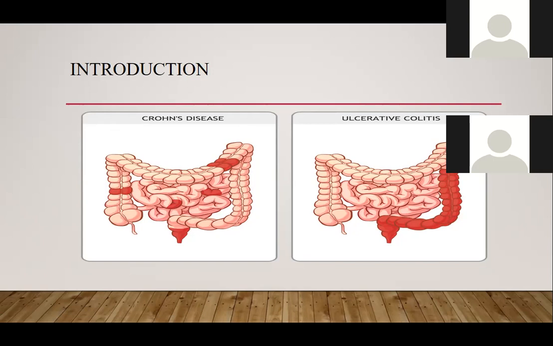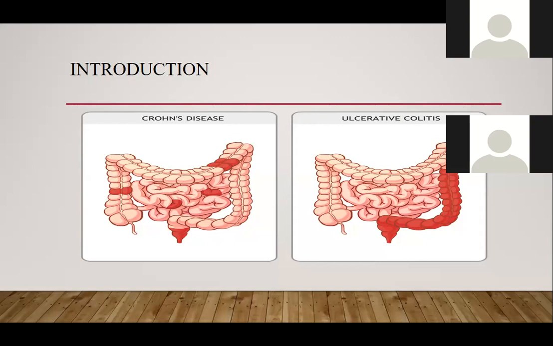But for now, you can see that when you take a look at picture 1, which is Crohn's disease, the red part, that's sort of the inflamed area. You can see that you have some normal GI tract, then there's another inflamed part and all that.